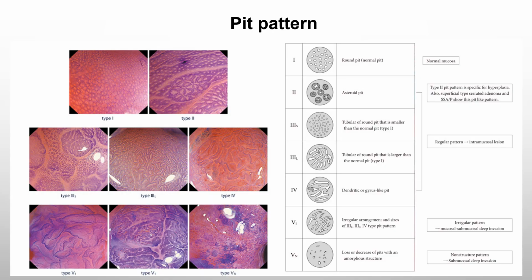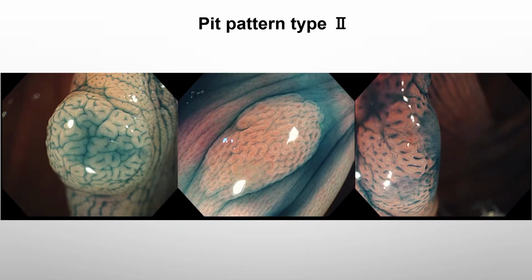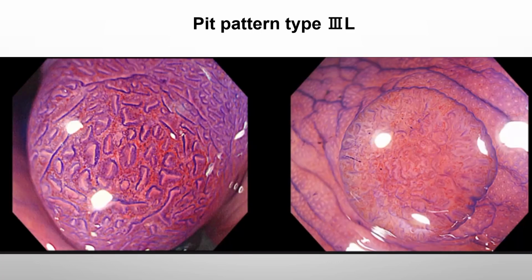I will explain in detail each type of pit pattern, the CDO classification. Pit pattern type 2 corresponds to hyperplasia or SSL. Type 2 is asteroid pit. Pit pattern type 3L corresponds to intramucosal region.